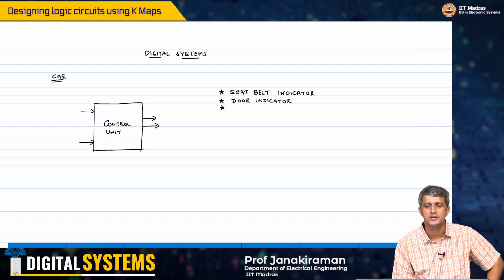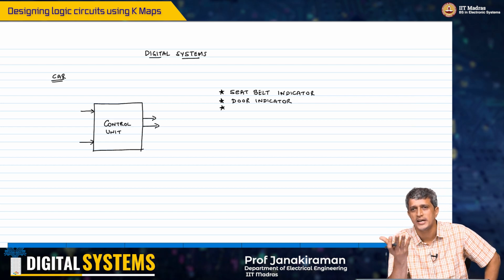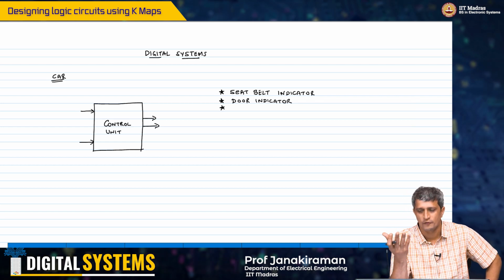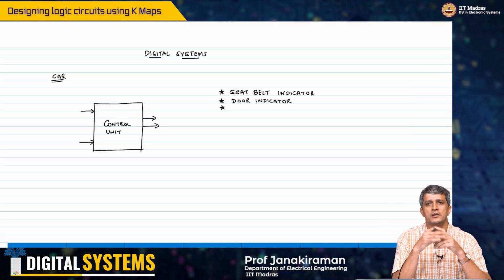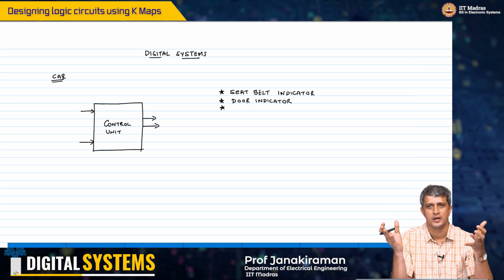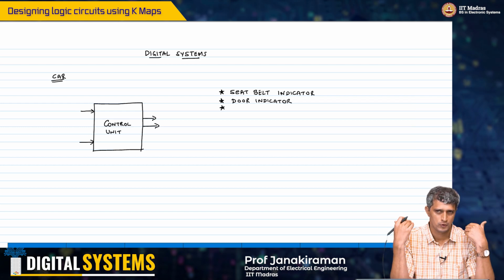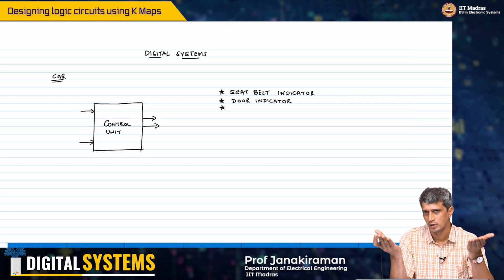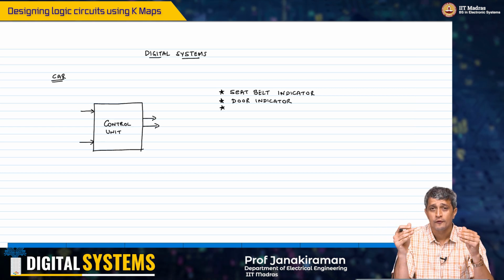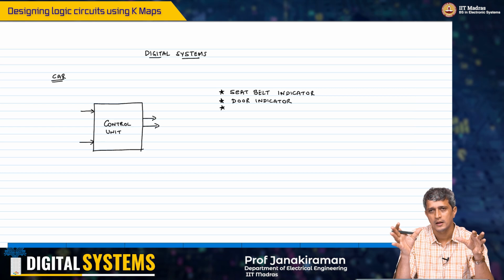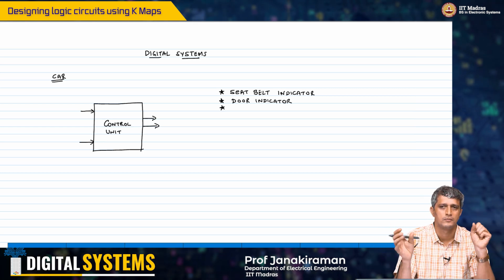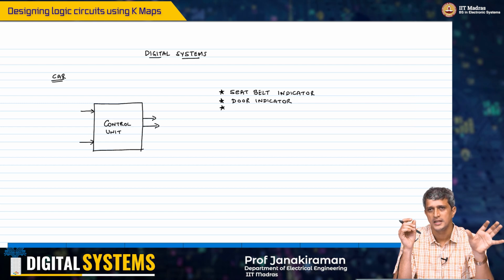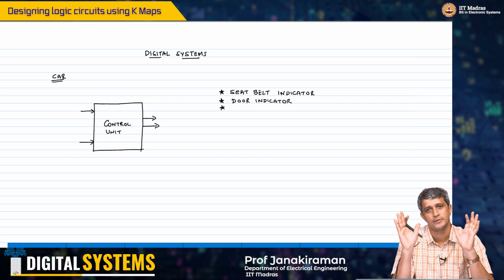Now, for these two indicators, what is the English statement that will be given to the designer in the first place? Very loosely put, it will say that the seat belt indicator should go on to indicate that people have not put it on, if any one of either the front passengers, the driver or the person on the other side in the front has not put on the seat belt.